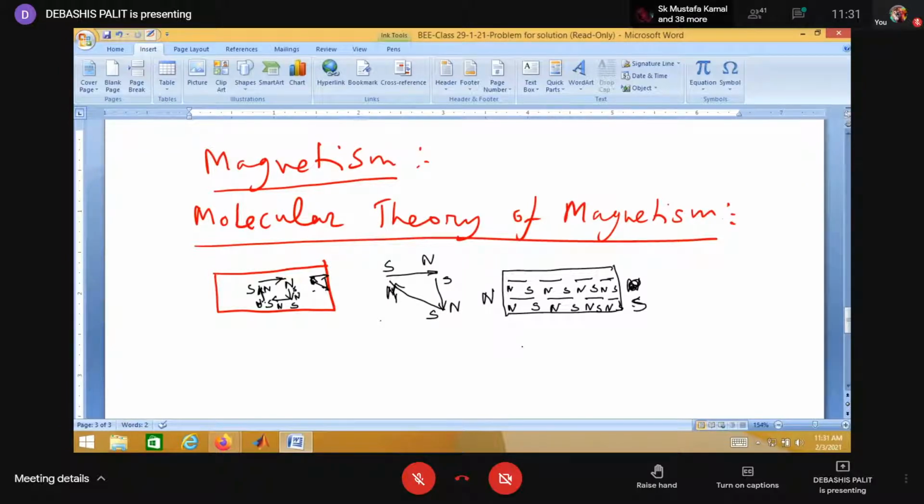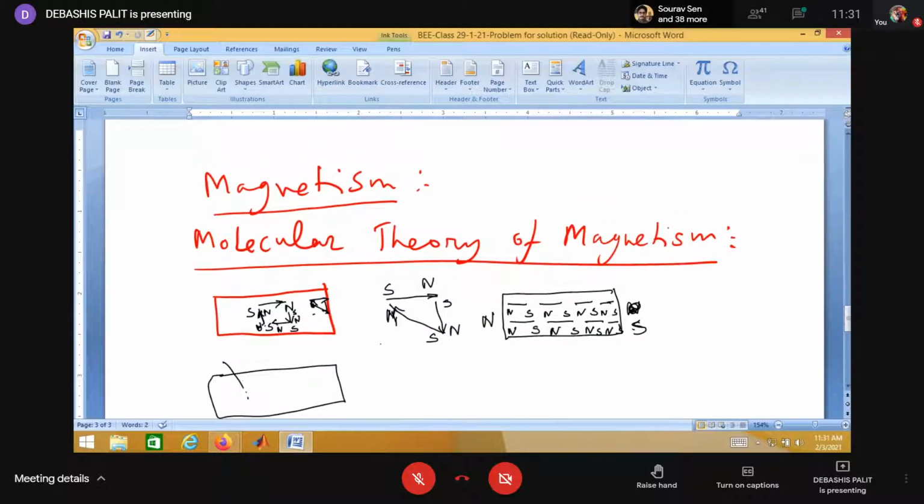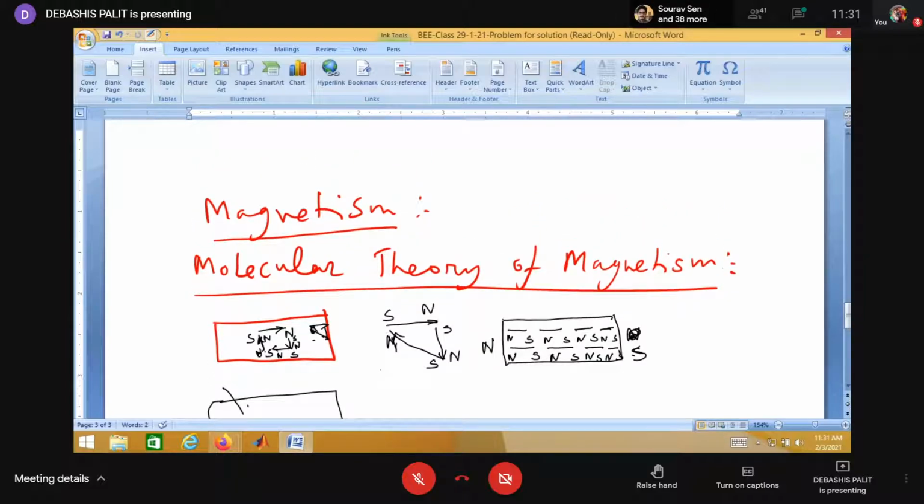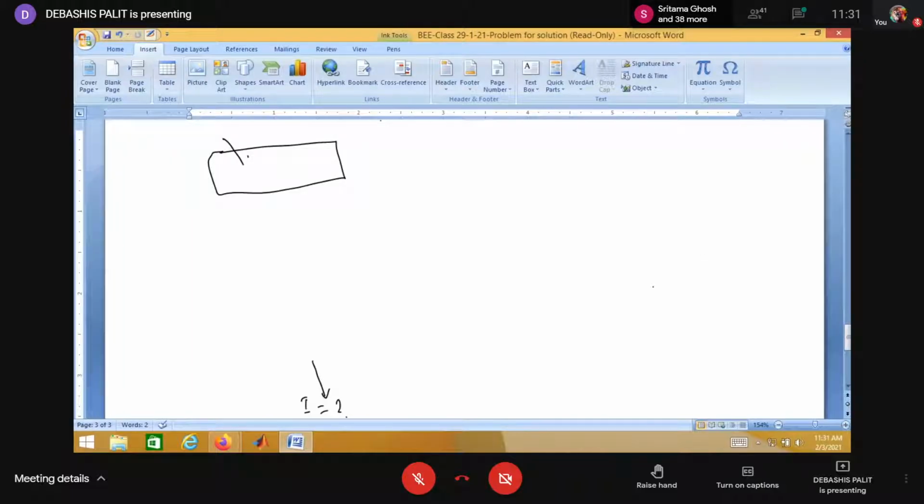This orientation can be created by applying a magnetizing force, and this magnetizing force can be applied by rubbing one magnet against another material that is to be made a magnet, or sometimes a material is there and there is a solenoid formation like this.